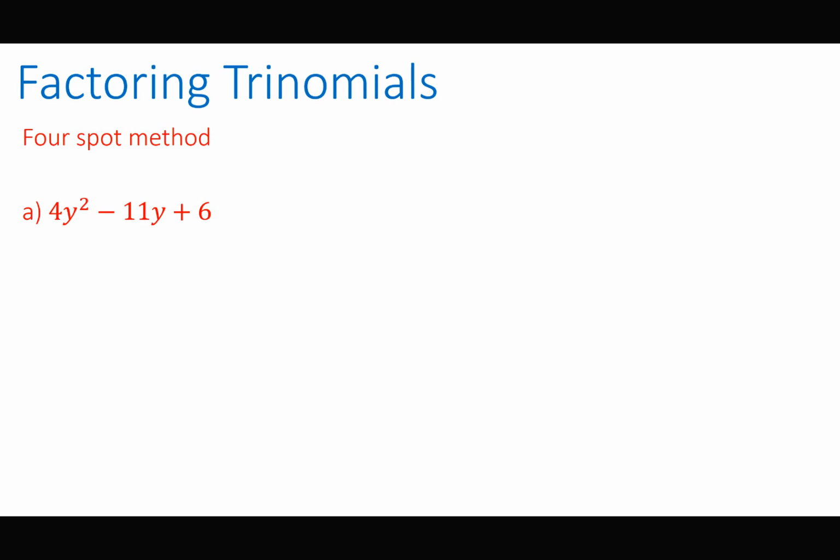All right, factoring trinomials. So this is 4 spots. And if you had me for algebra 2 or even algebra 1, we talked about doing the cross method. Where the cross, again, it's a times c on the top, and they will sum to our b value on the bottom.